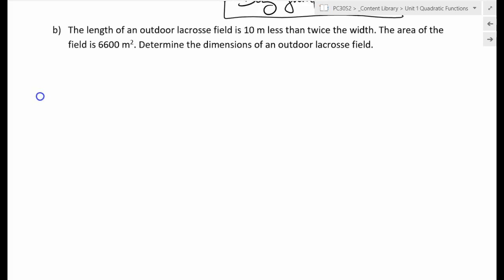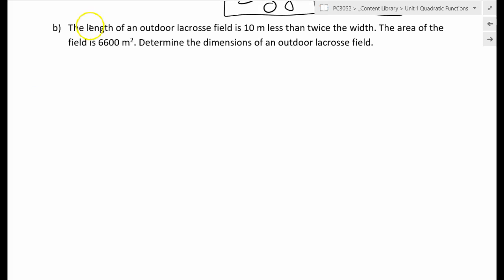Another way, under a different set of scenarios, the length of an outdoor lacrosse field. Now, a lacrosse field is long and rectangular, just like soccer, basketball, a whole bunch of other sports. The length of it, so that's usually the longer side, is 10 meters less than twice the width.